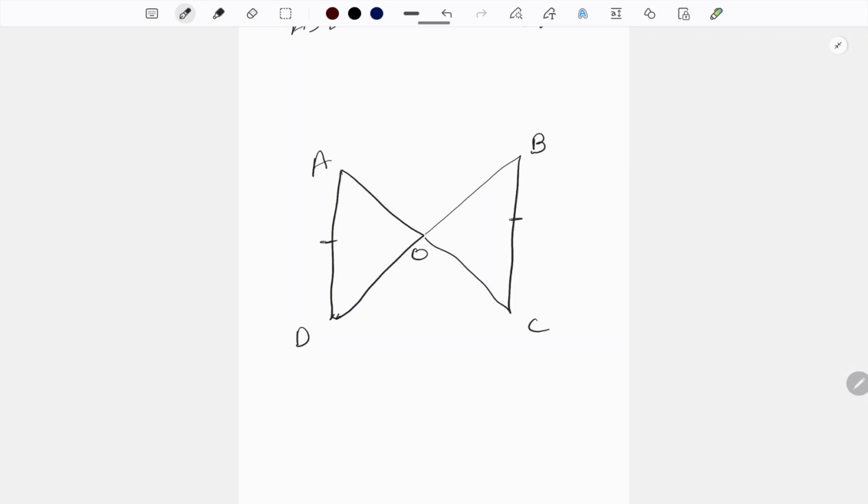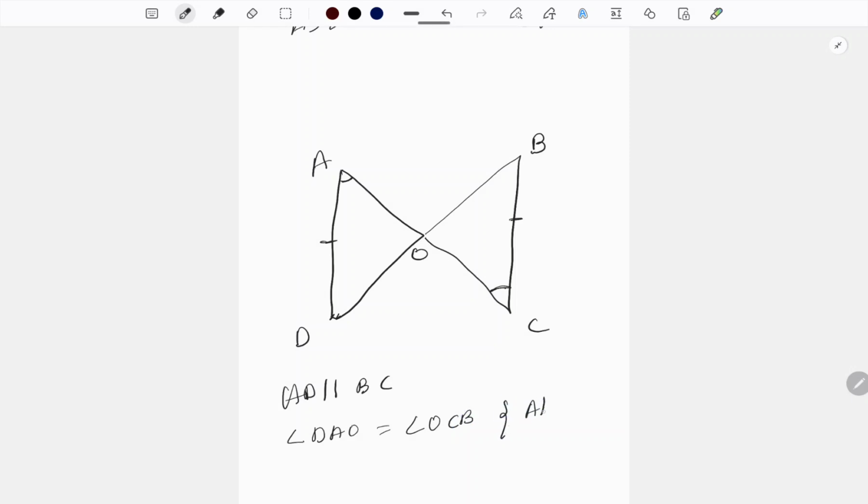Now, since AD is parallel to BC, so this angle is equal to this angle. Why? Because angle DAO is equal to angle OCB. Why?